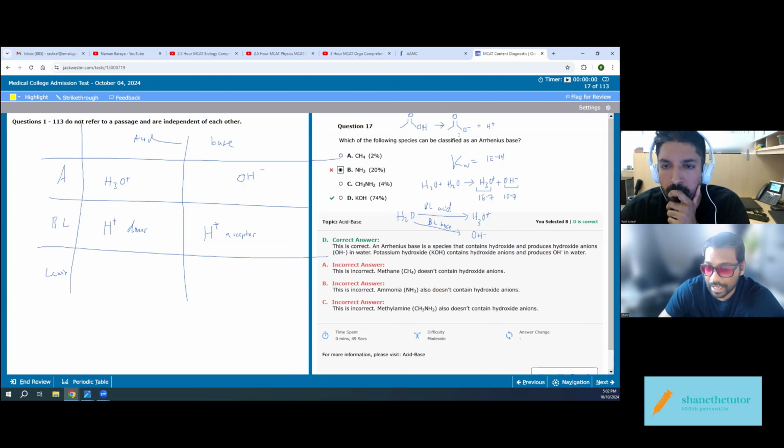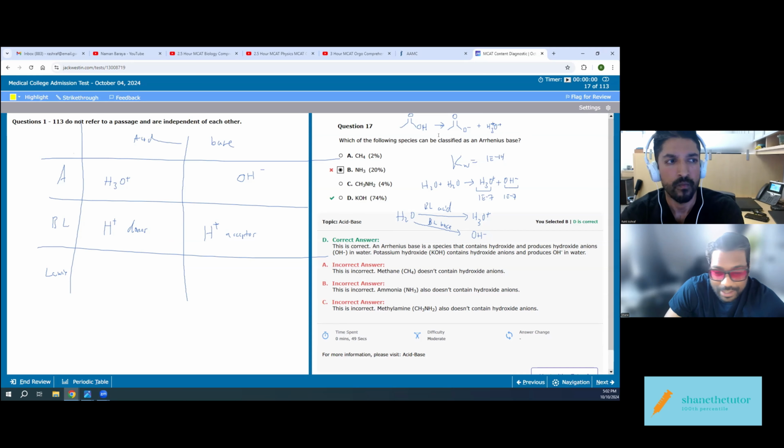Yes. And so usually we draw an H plus, but technically you're not going to have just protons moving around on their own, right? So while we might write H plus, if this is aqueous, it's really the H plus that goes to water to create H3O plus, right?